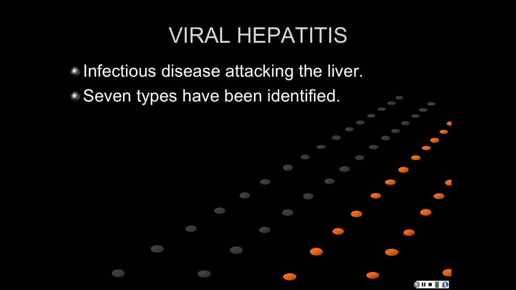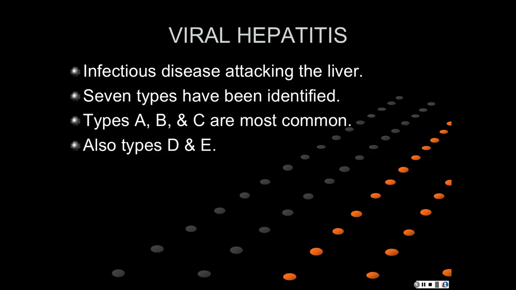Viral hepatitis is an infectious disease that attacks the liver, obviously caused by a virus. There are so many types of viruses. I think if you look at that, it looks like we're at five, but I think they've actually been identified up to eight.